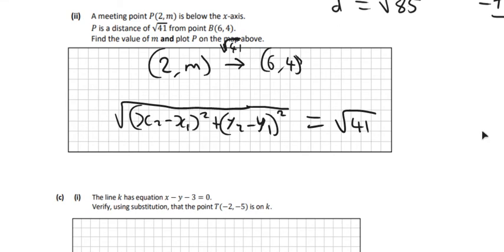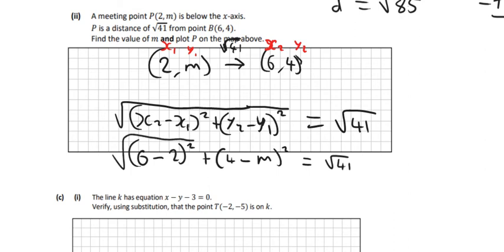So if we sub all of those in, you should get root 41, but remember one of the coordinates is an m, but we just put it in the same anyway, starting off. So x1, y1, x2, y2. So x2 is 6, so 6 minus x1 which is 2, squared, plus y2 which is 4 minus y1 which is m, squared, is equal to root 41. So here we get 6 minus 2, which is 4, and squared it is 16.